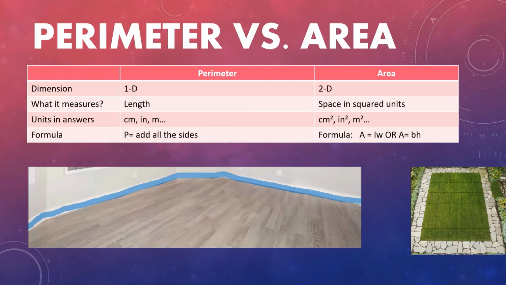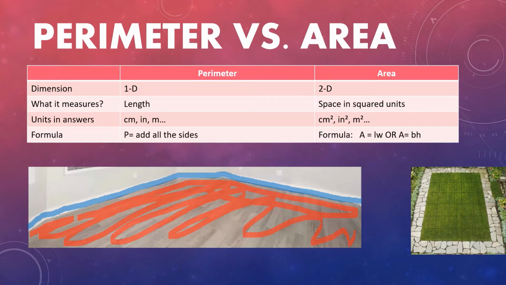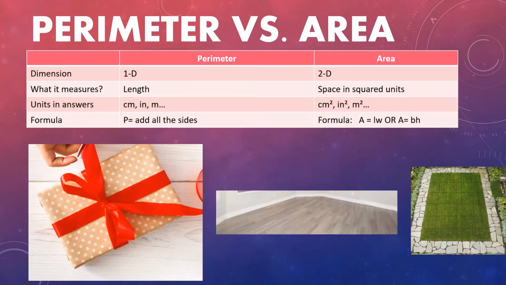Now with area though, it's going to be talking about this floor space. So how many square units will we need of tiles of wood in order to cover this entire space right here? That will be area. So for this gift wrapping example, if they were looking for how much paper we will need to completely wrap this box, then that is an area problem.